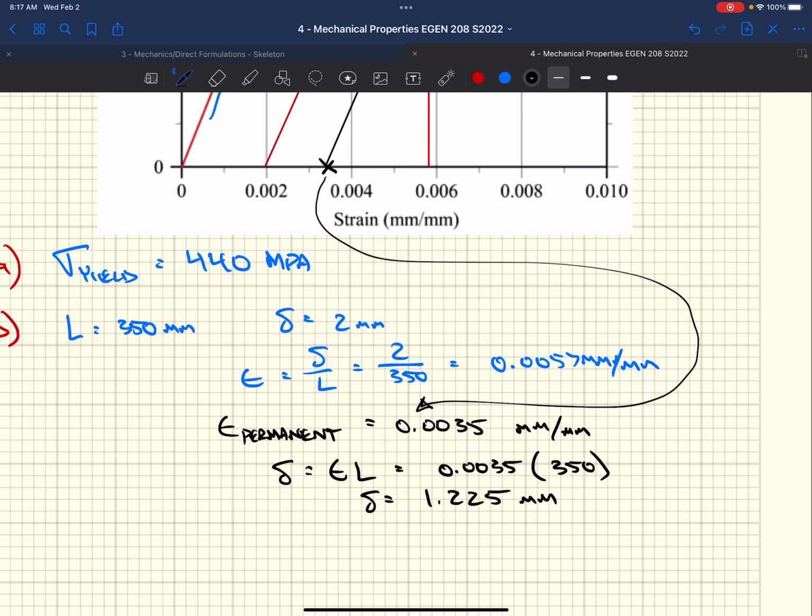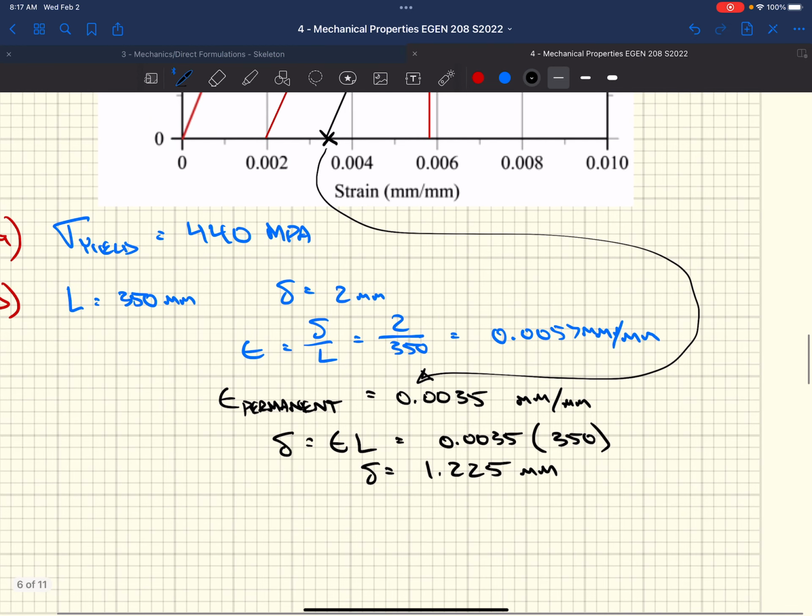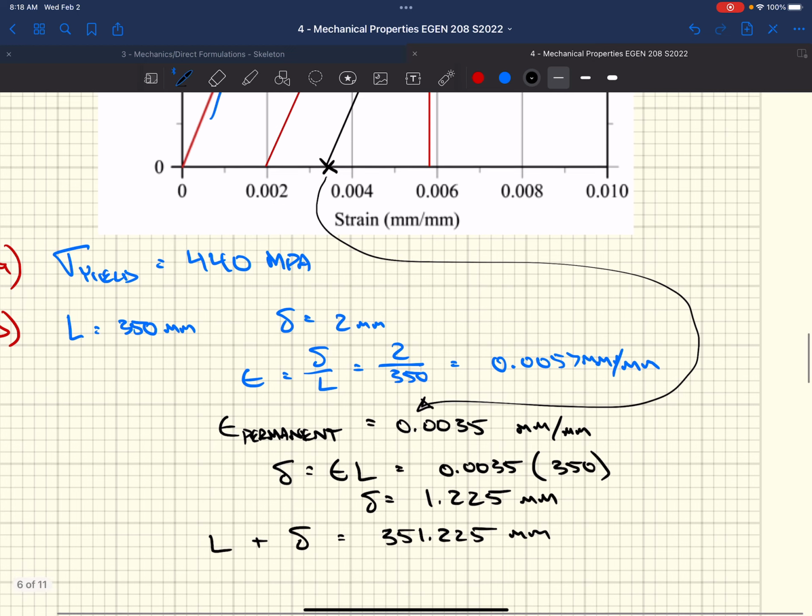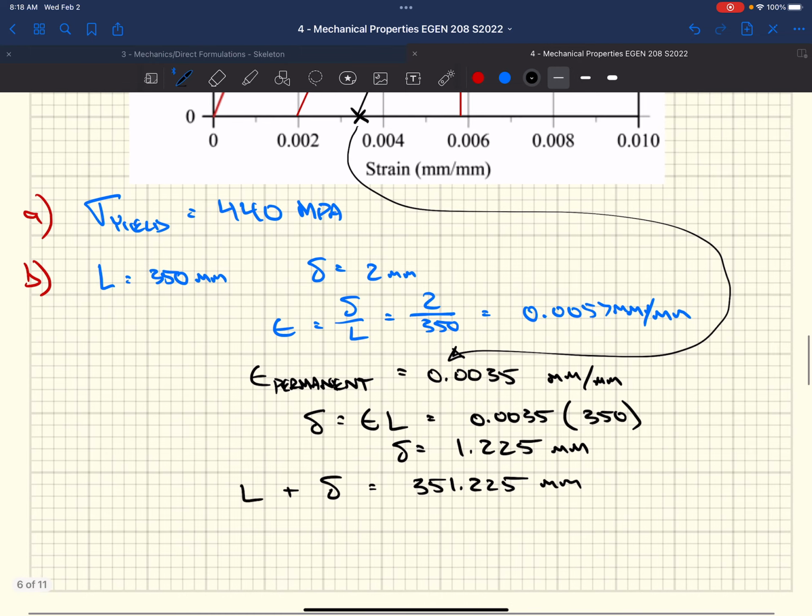Take a step back and make sure things make sense. So 1.225 is less than 2, makes sense. The length of the unloaded bar is the original length plus our deformation. So we get 351.225 millimeters, right? 350 plus our 1.225. So that's part C.